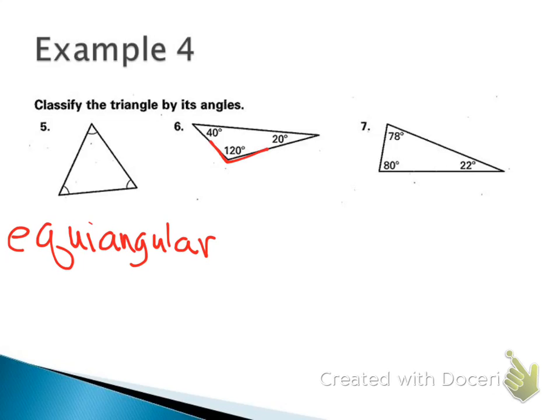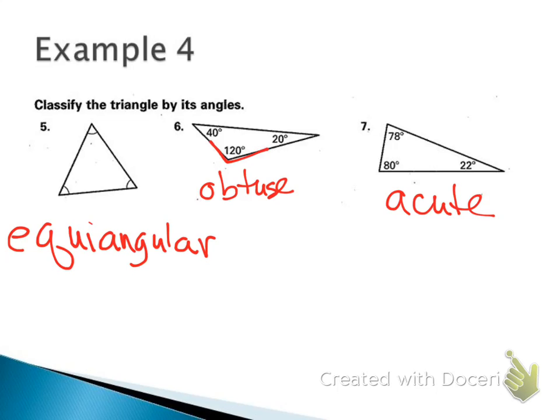What? It can't be acute because they're not all acute angles. 120 is too big to be acute. So what is it? Obtuse. Good. Remember, if there's even one obtuse angle, it has to be obtuse.